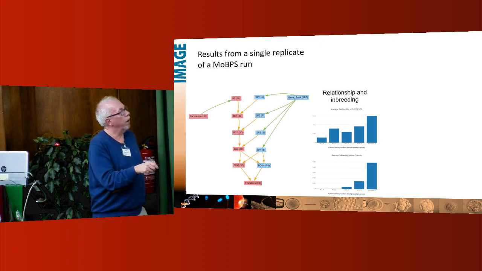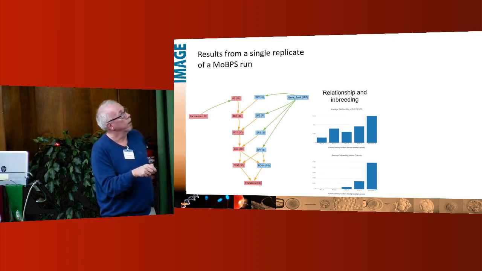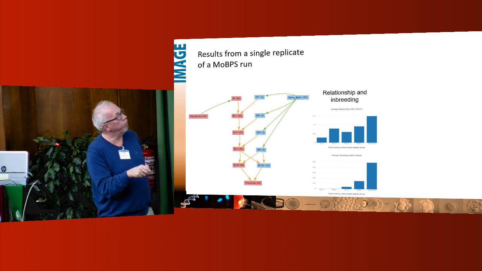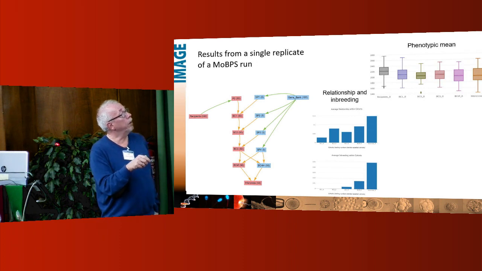Here, for example, you have for the different cohorts, for these backcross generations, the average relationship within the cohort, and this is the average inbreeding within that cohort, which is quite high for the intercross. Here you have a phenotypic mean. I have assumed these are sheep, and this is a daily gain, and that the recipient population is 20 grams per day above this gene bank.